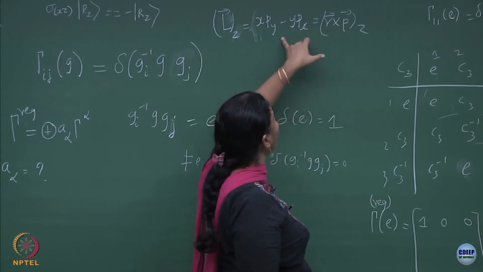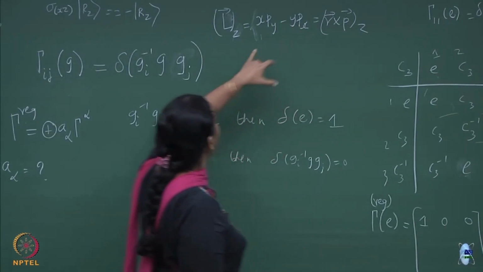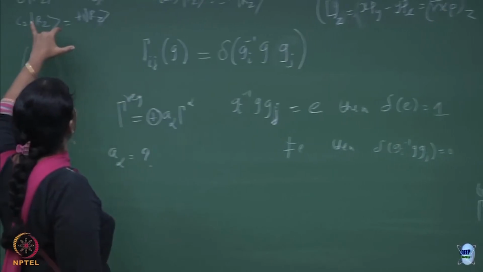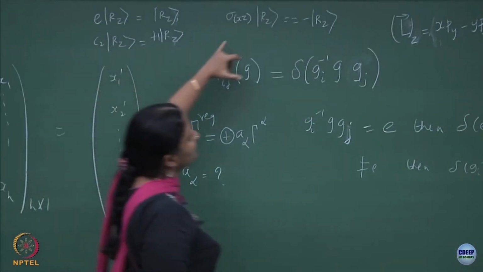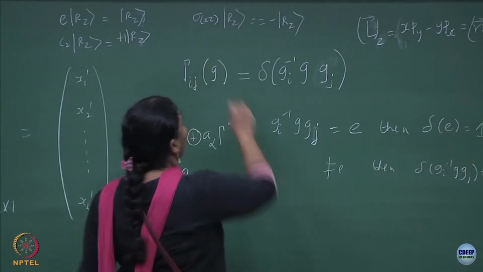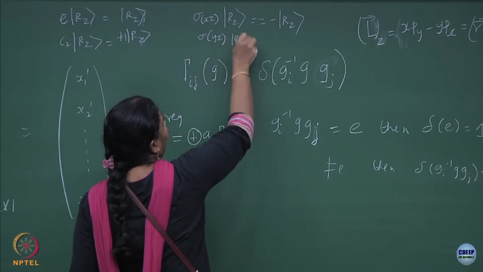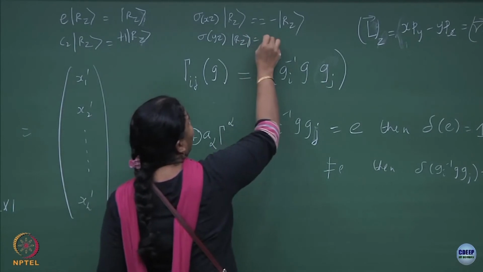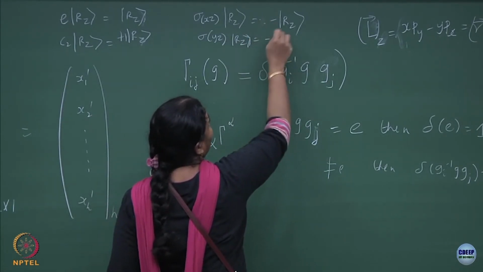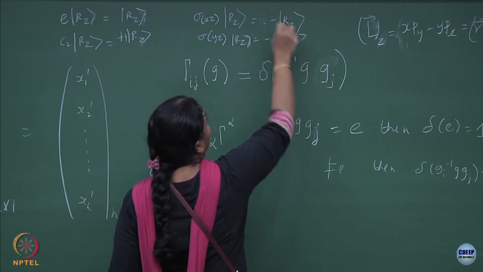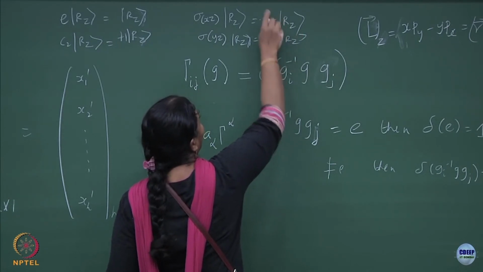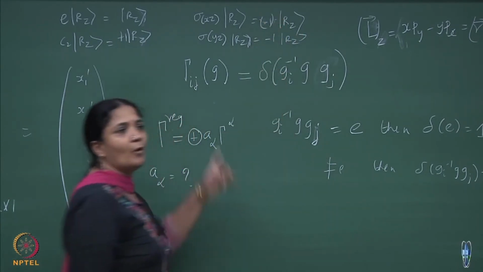If you write it in components, you can see that whenever you do this operation E, C2, sigma xz and sigma yz on the axial z component, you find it to be -1 times Rz. This eigenvalue which you find is what is important.